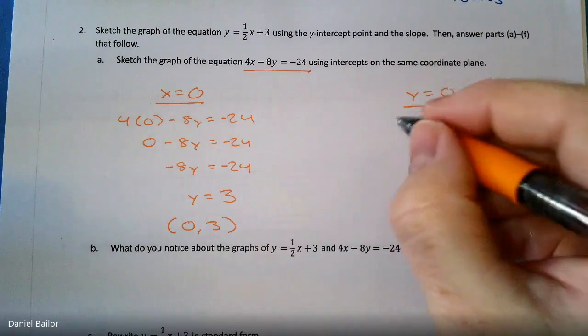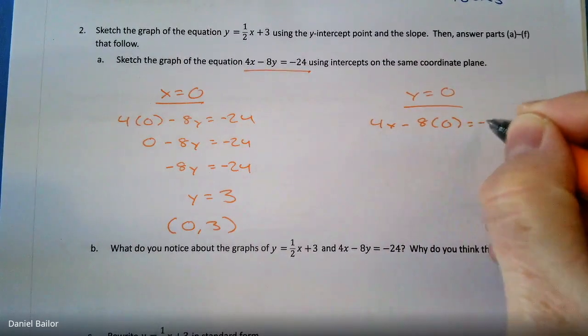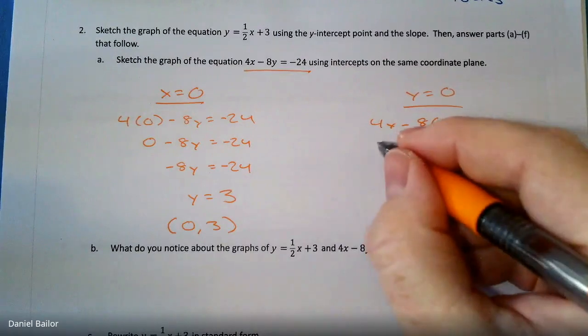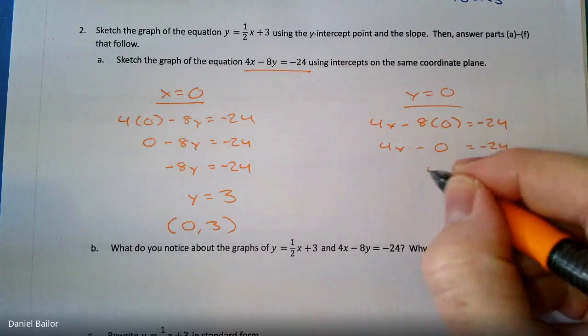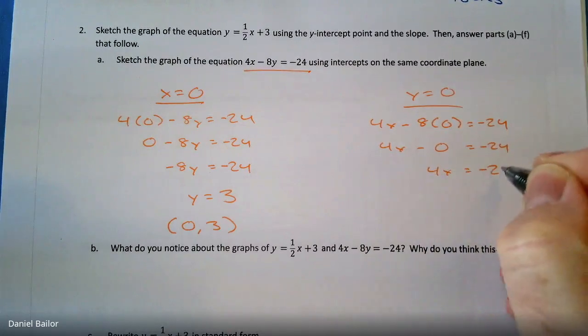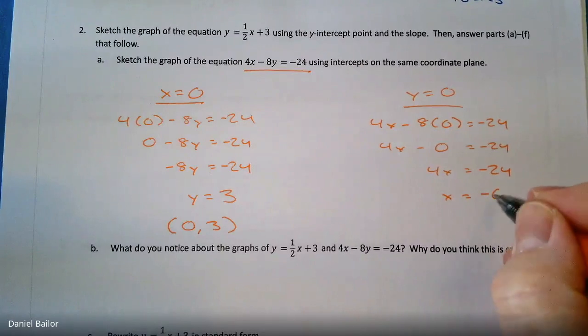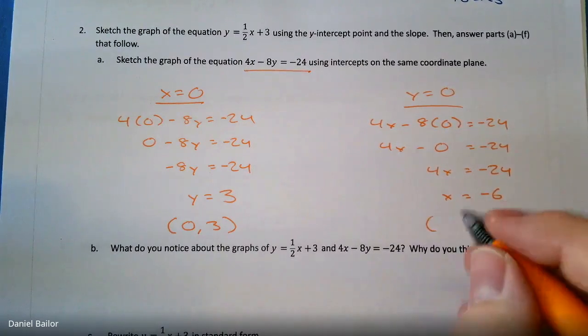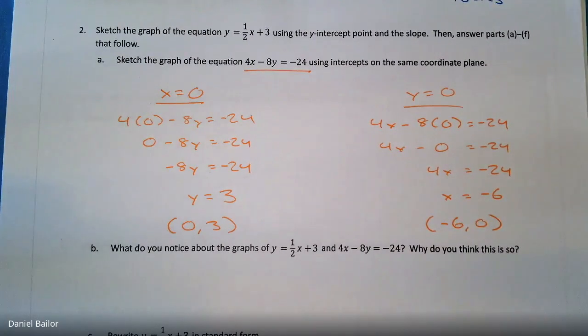For the other intercept, I get 4x minus 8 times 0 equals negative 24. That gives me 4x minus 0 equals negative 24. That's 4x equals negative 24. Divide both sides by 4. Negative 24 divided by 4 is negative 6. So my x-intercept is negative 6, 0. Now I need to graph these.